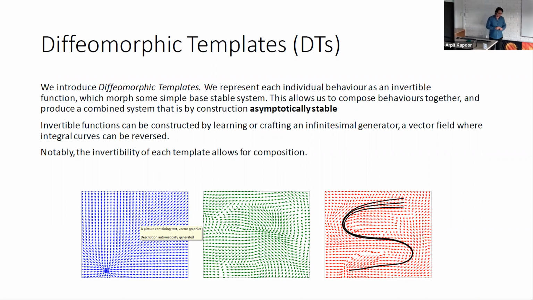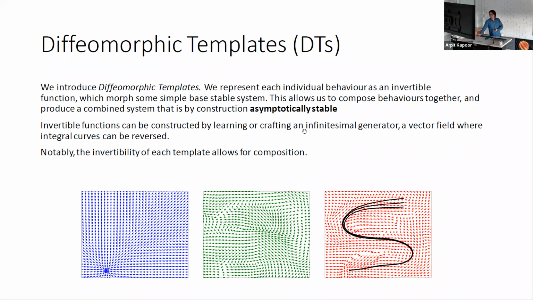The resultant vector field will also have the same stability properties, and that's the way that we're building these templates. We modularize each requirement as an invertible function, and then compose these to get diverse behavior. So how do we actually construct these invertible functions?